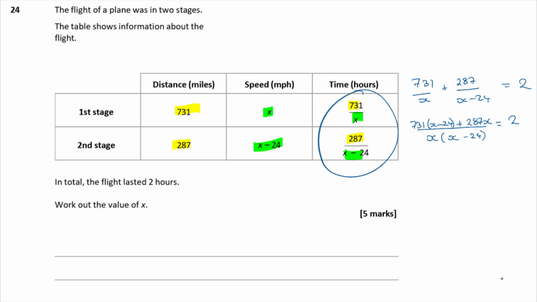All right, so then on the top here, I've got 731 lots of x minus 24. So I'm going to just multiply out that bracket there. So I'm going to get 731 lots of x minus, what's 731 times 24? 731 times 24, that's 17,544.